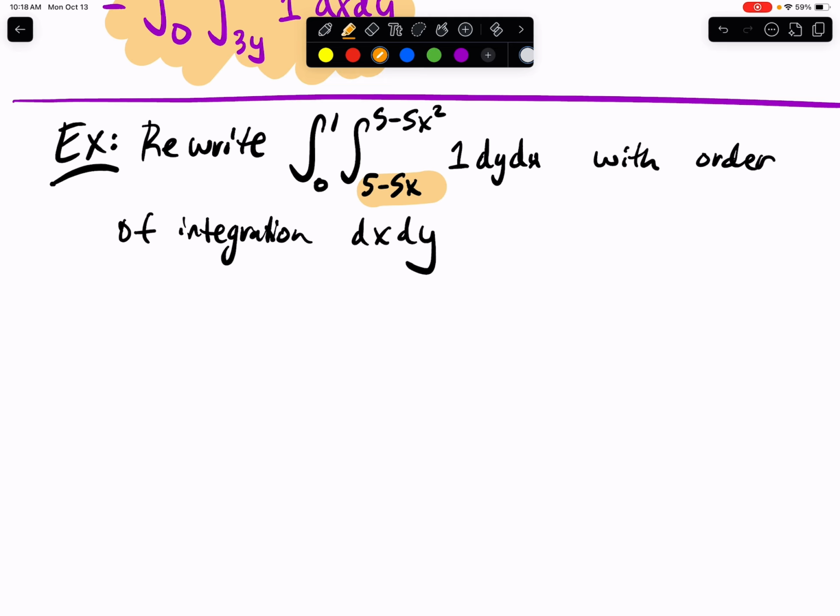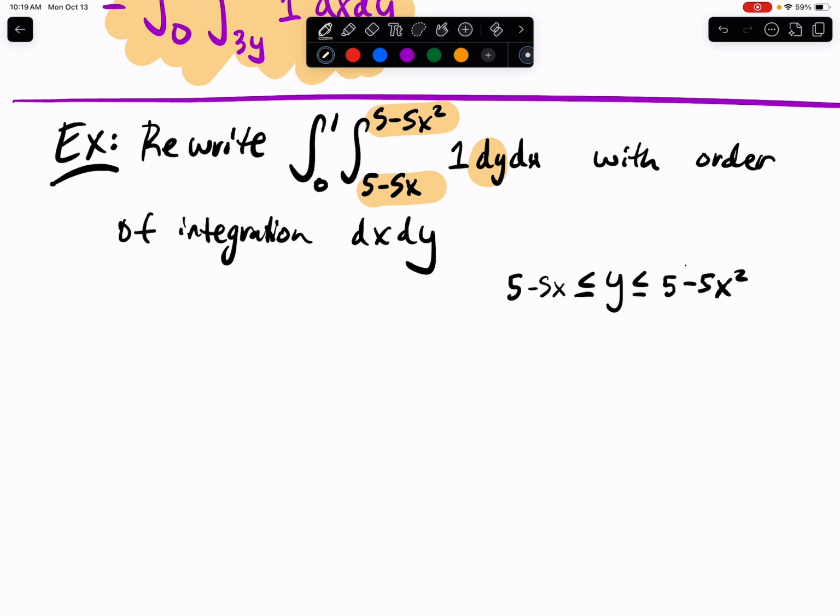So 5 minus 5x is a line, okay? And 5 minus 5x squared is a parabola. Remember, I'm integrating first with respect to y. So y is stuck between two curves. It's stuck between 5 minus 5x and 5 minus 5x squared.